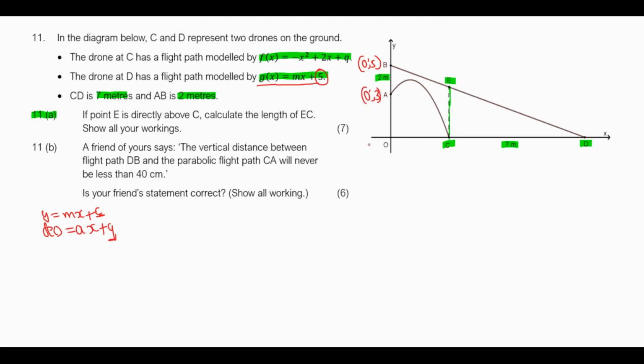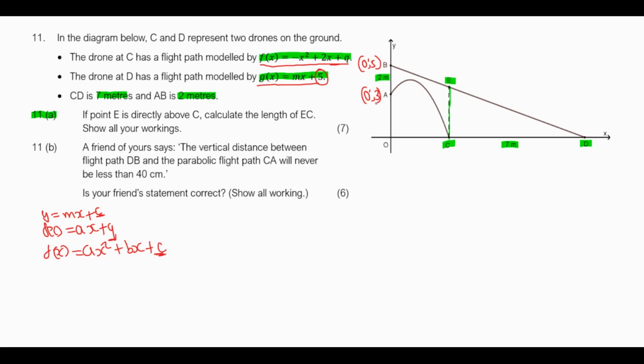Now we come back to f of x is equal to negative x squared plus 2x plus q. If you have the form f of x is equal to ax squared plus bx plus c, then c is the y coordinate of the y-intercept.